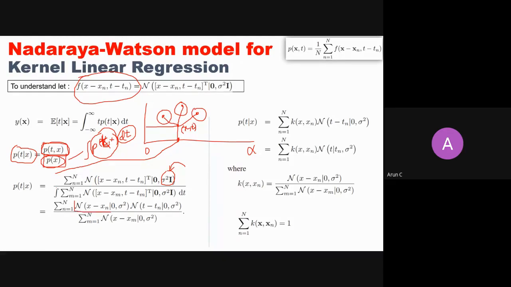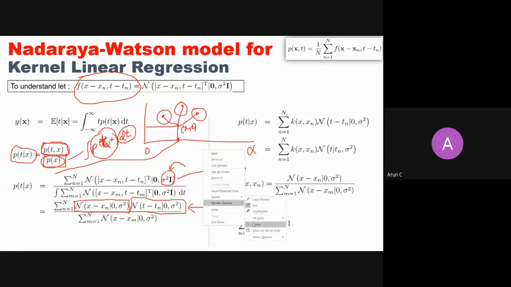First I take a distribution over x, then I take a distribution over t, and then I multiply them. This is simply a rewriting of the same expression, nothing big deal, because my covariance matrix says that these two random variables are independent. So I can factorize them.